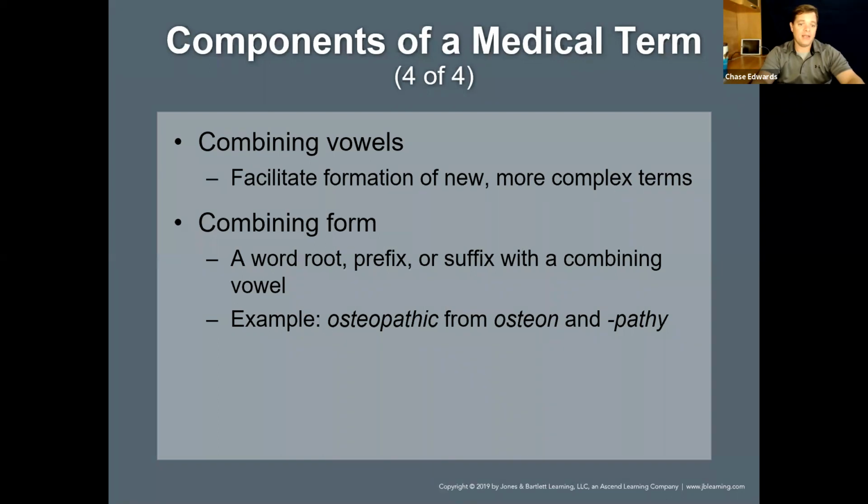Okay. And then you can also use a combining vowel to join other word roots like gastr, GASTR, meaning what? Usually stomach, having to do with stomach, right? And then you take that O to combine it into enteritis.